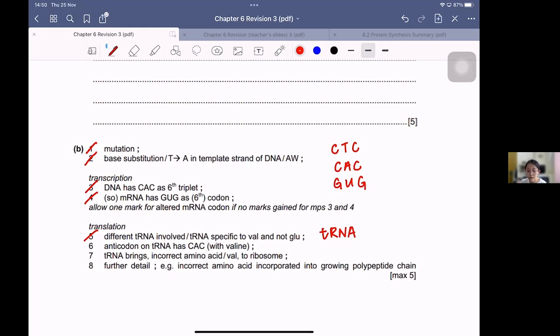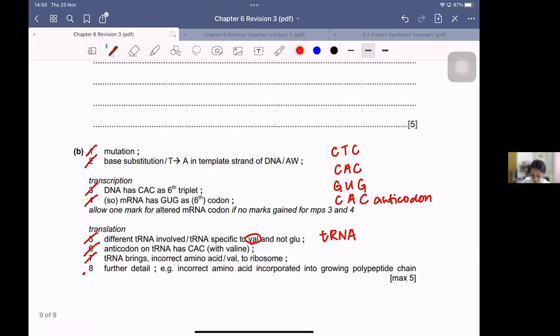So a different tRNA is involved, a tRNA specific to valine and not glutamic acid. So the anticodon on the tRNA has CAC. This is the anticodon. And the tRNA brings the incorrect amino acid, valine, to the ribosome. And therefore, the incorrect amino acid is incorporated into the growing polypeptide chain.